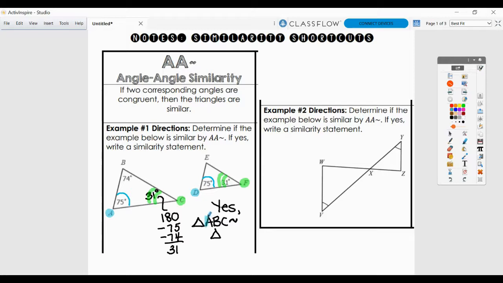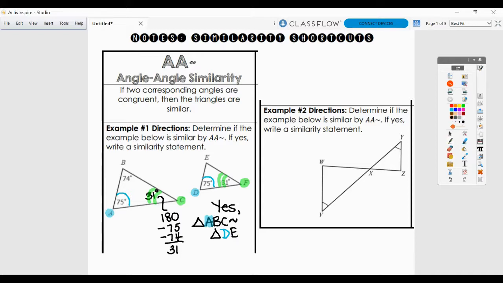Well, angle A was congruent with angle D, so I will write D first after this triangle symbol for the second triangle. Then B went with E. Those were the two I didn't highlight, but they still match up together.